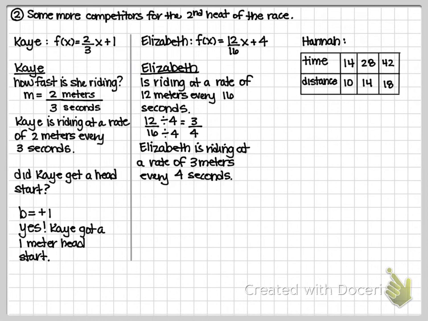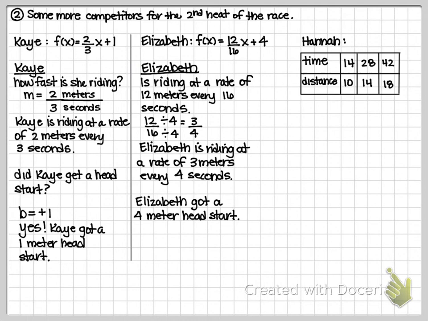Go ahead and see if Elizabeth got a head start or not. And if she did, write down what it is. So based off of the b value, which is 4, I know that Elizabeth got a 4 meter head start on this.